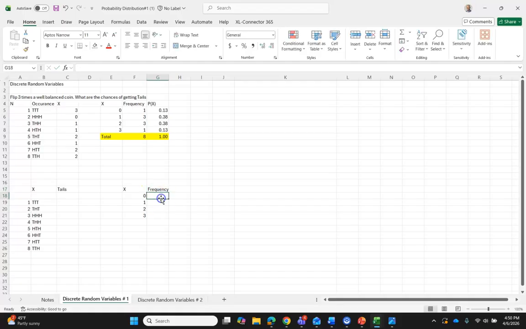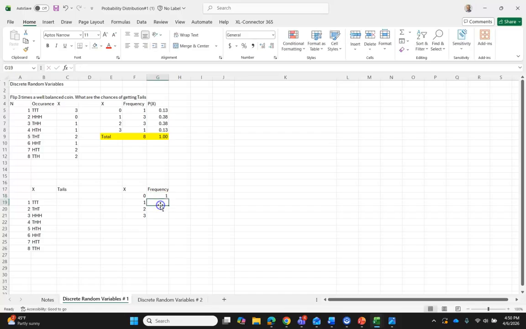So the frequency, how many times when you flip the coin 3 times, you'll never get tail. If you look here, this one here, there's no tail, but all these other, they have tails. So let's say that can happen once.